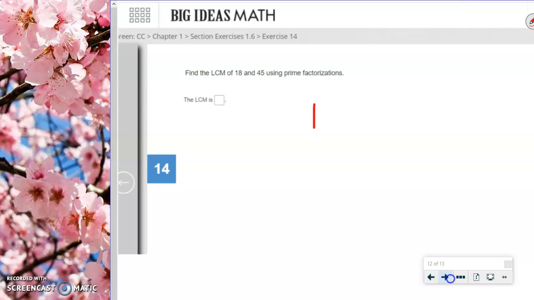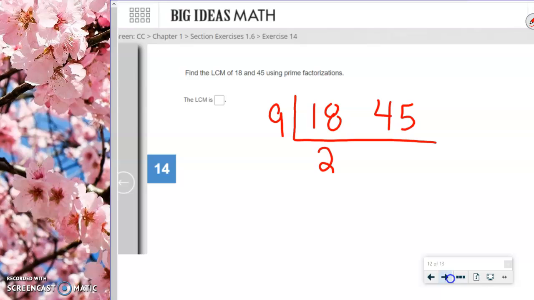So I put 18 and 45 down, and I make myself a little upside down division bar, and I think, what number can I divide out of both 18 and 45? And I see that I could divide a 9 out of both of them. Well, 18 divided by 9 leaves me with 2, and 45 divided by 9 leaves me with 5.